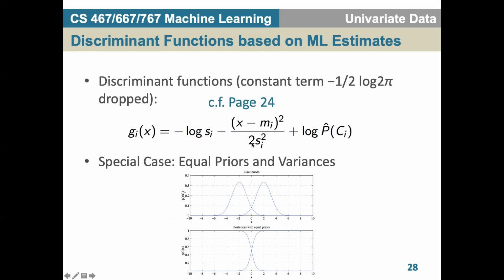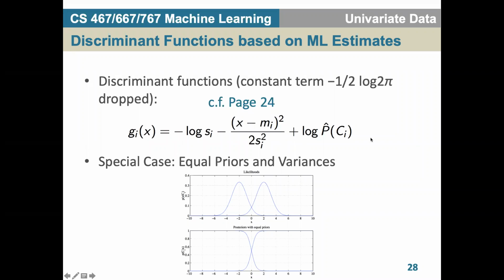But we assume that white noise is the same, which means equal variance. So the variance is equal, and SI is equal. After taking log, we only have this term. This SI is equal in all scenarios, so it becomes constant.